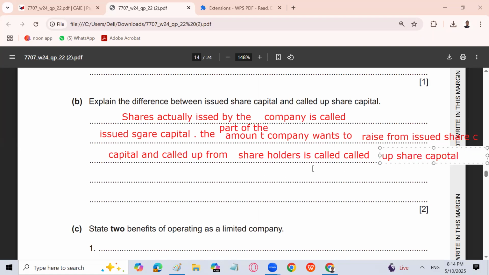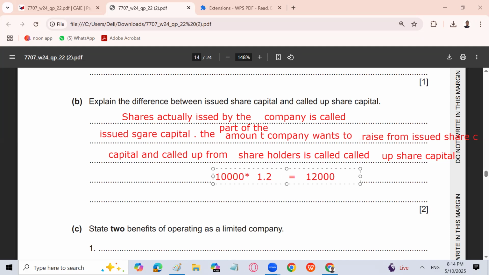You can also write this example in the paper. For example, we decided to issue, or we have actually issued, 10,000 shares at the rate of 1.2 each. So the amount we should get from the issue of shares should be 12,000. That is issued share capital. But the company has asked the shareholders to whom the shares are issued that you don't need to pay the whole amount right now.